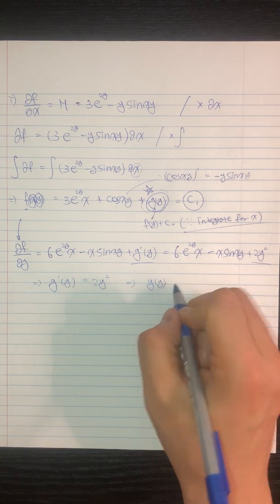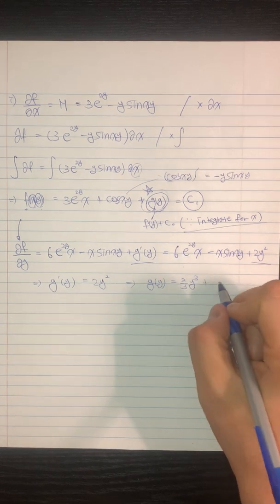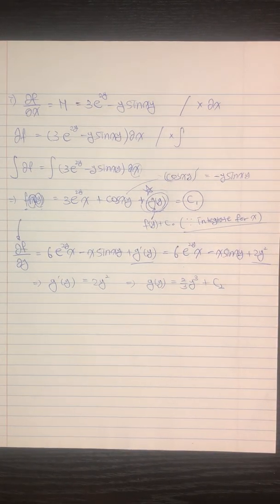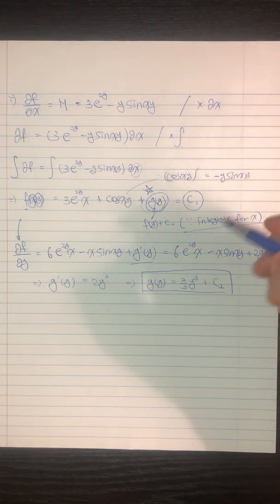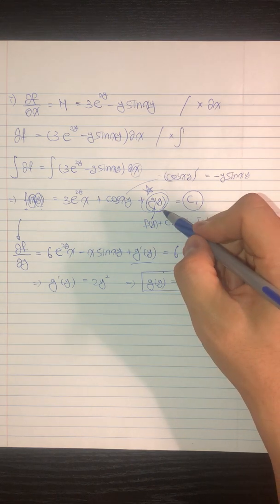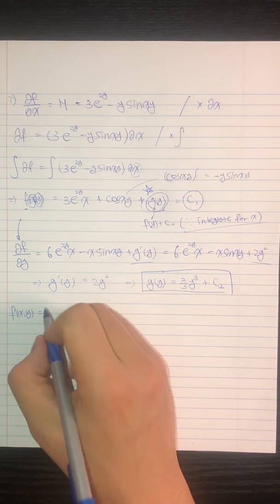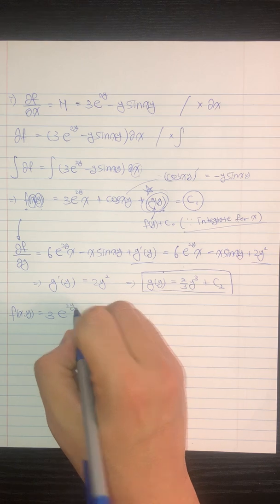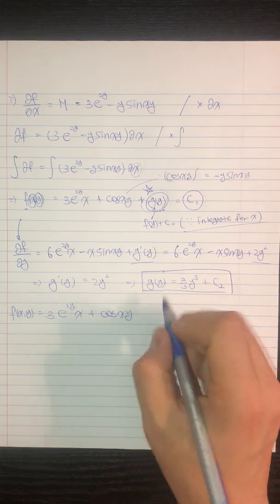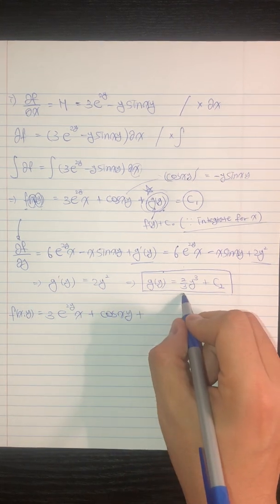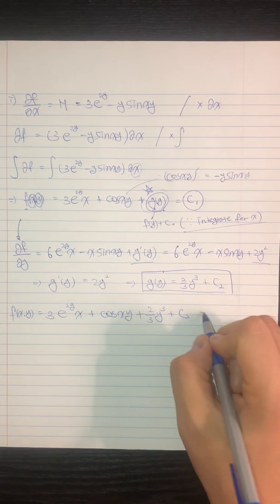So g(y) equals 2/3 y cubed plus c2. So we could find g(y), and we can substitute it here. We can rewrite f(x,y) equal to 3e^y x plus cos(xy), and instead of g(y) we put 2/3 y cubed plus c2, equal to c1.